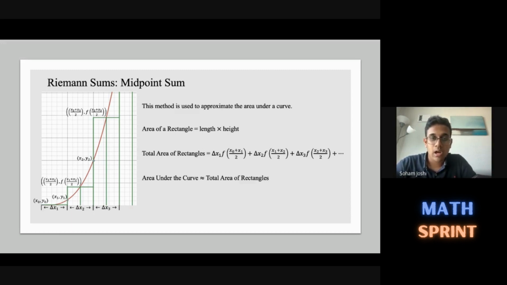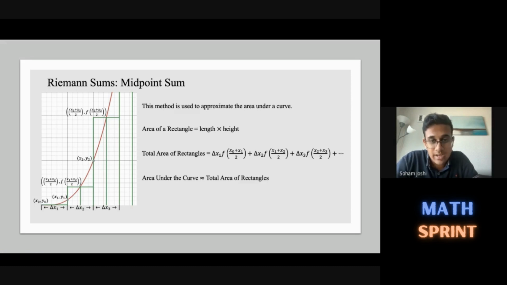Basically, we draw very wide rectangles. For example, the shortest rectangle that we have here exists on the domain x1, x2, which I'm indicating over here. So the x-coordinate of this midpoint is (x1 plus x2) divided by 2. We plug this into the function to get the y-coordinate, f of (x1 plus x2) divided by 2. We know that the width of this rectangle is delta x2.